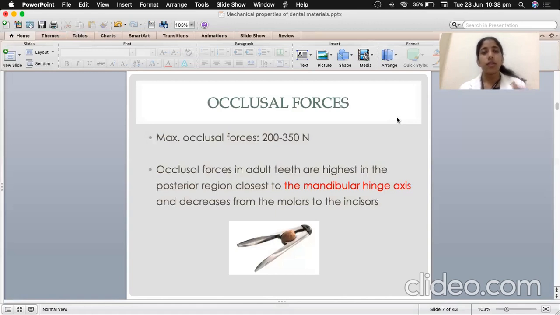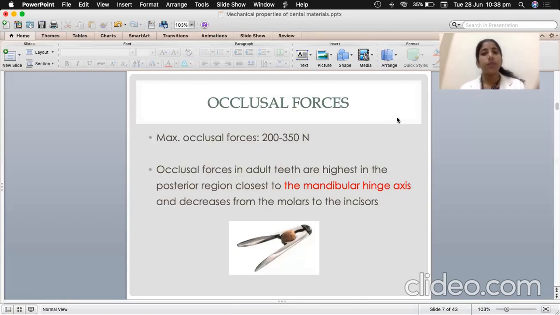These occlusal forces acting on human teeth we can compare to a nutcracker mechanism. As shown in the image, the nut will be kept between the nutcracker, closest to the joint. The force will be more near the joint.